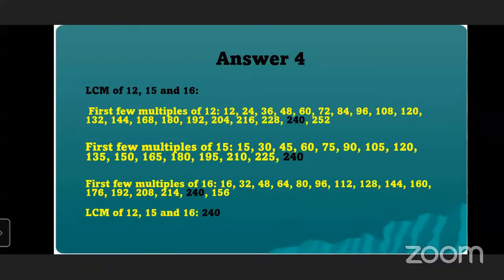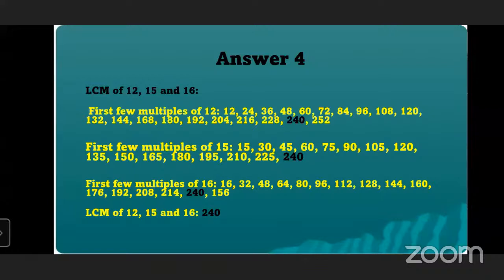Now see here. When it comes to bigger numbers, we have to write more multiples. For smaller numbers, we can go up to the 5th or 8th multiple, but for bigger numbers, we have to write more than 10 multiples.